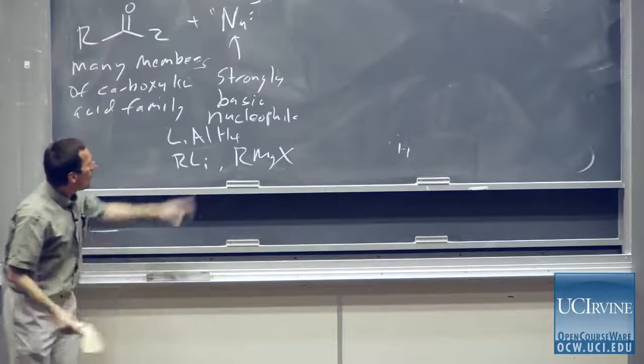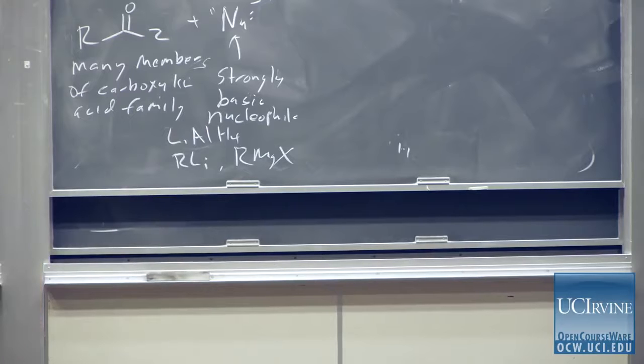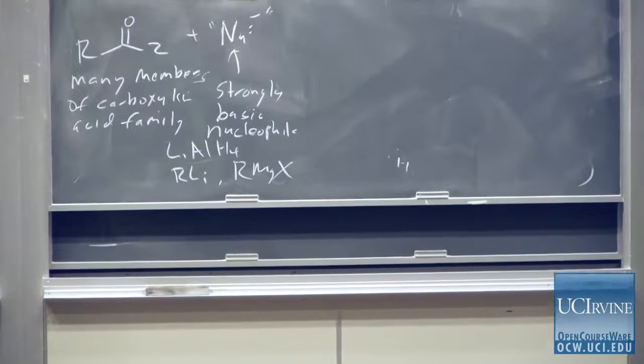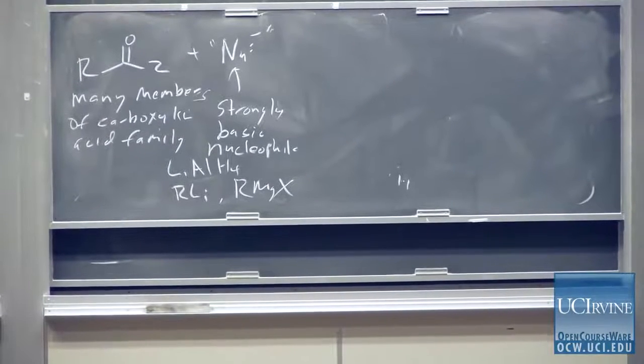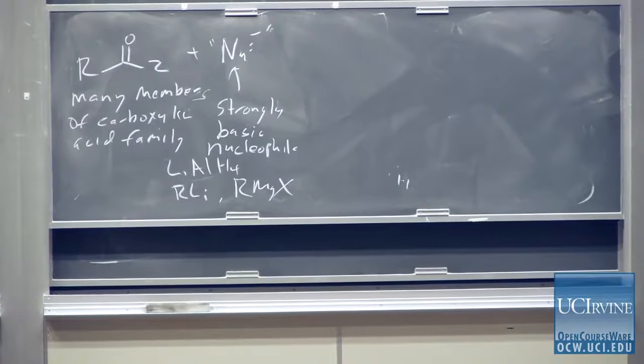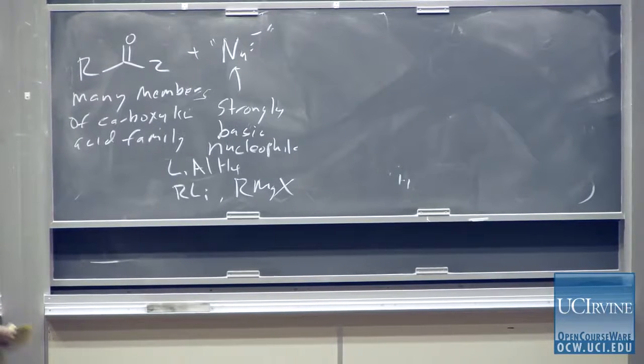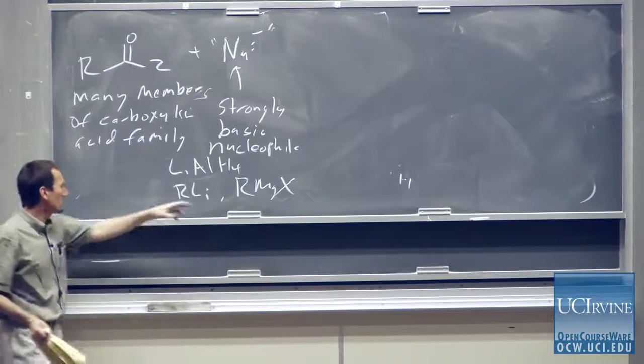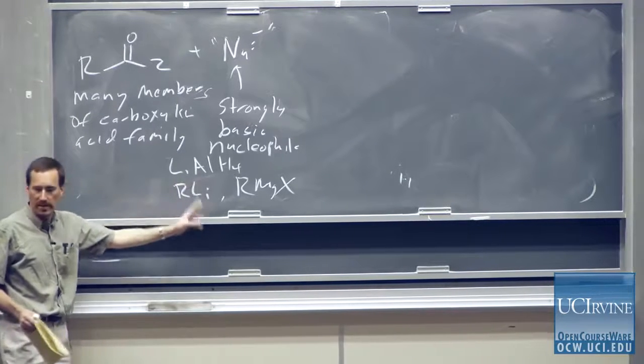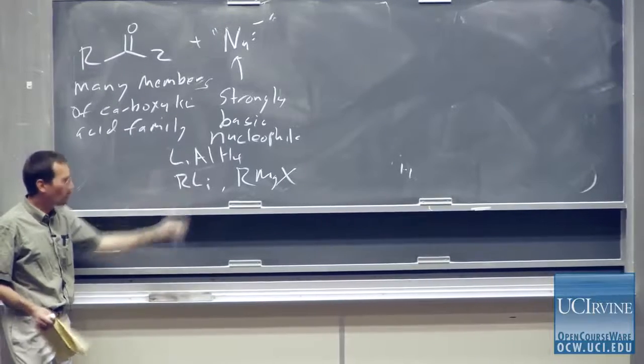In other words, all of these species have in common that they have a bond between a relatively electropositive metal and a more electronegative species, hydride or lithium, or carbon.